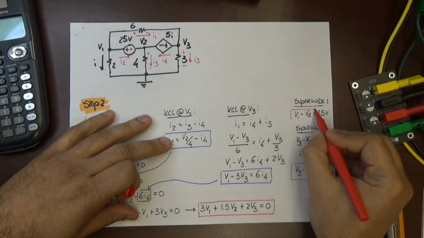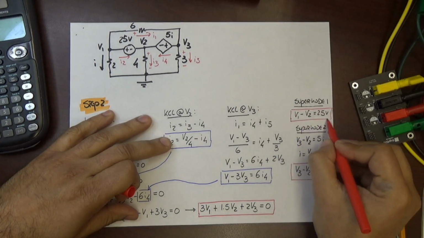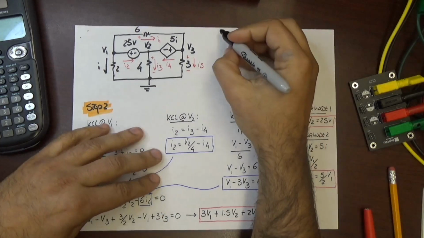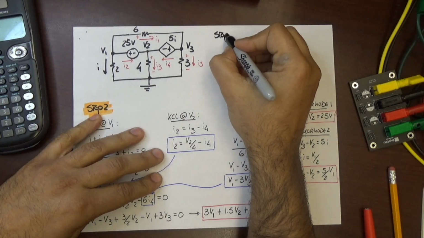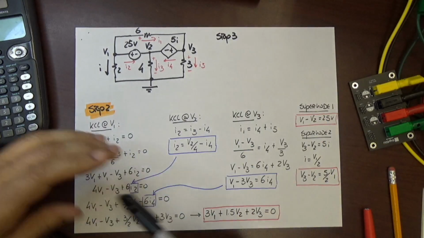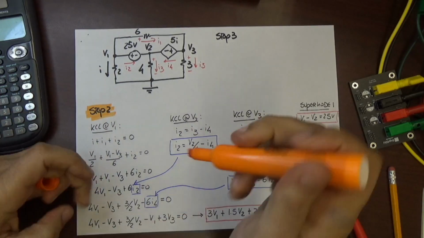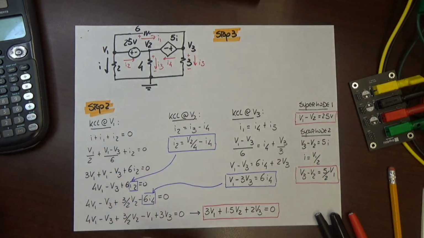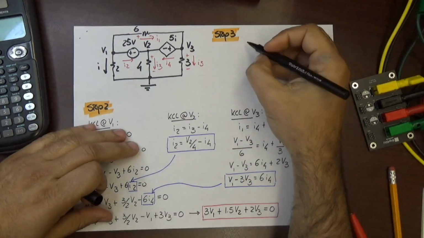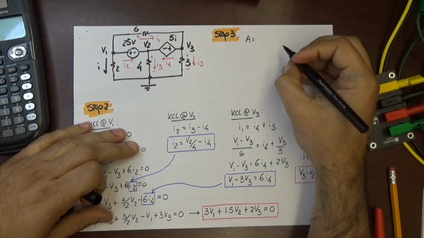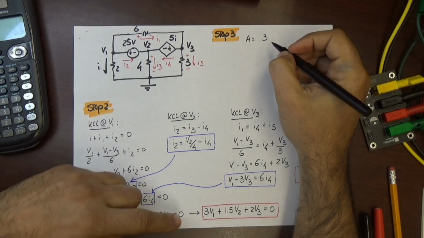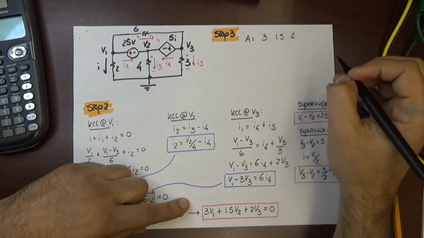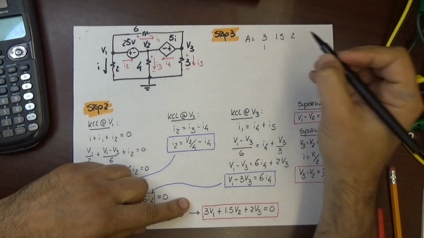I'm going back to the matrix inversion, so let's represent my equations as a matrix. So this is my step number 3. And my matrix A is equal to 3, 1.5, 2. Then I have 1, minus 1, and then 0 on V3.